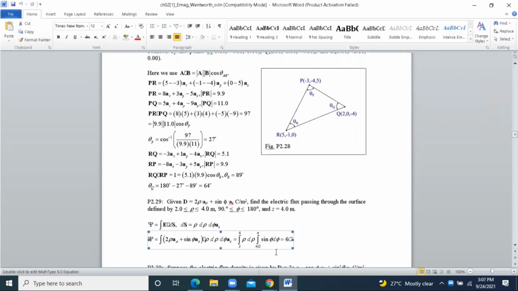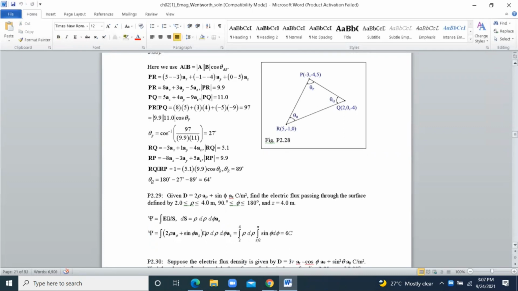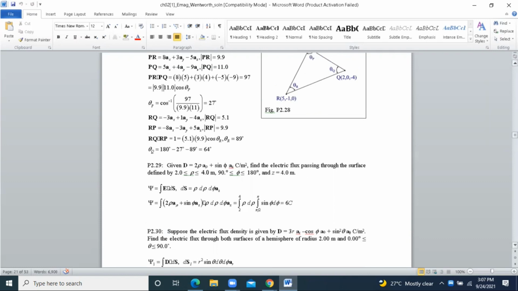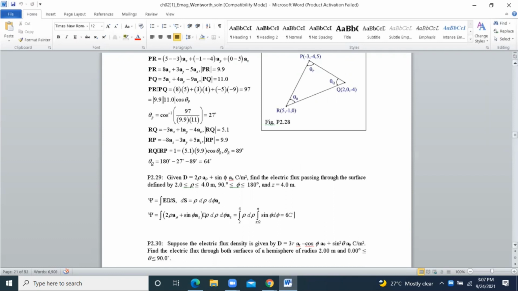See if you get the 6. As soon as you get that 6, you can go ahead and attempt 230.